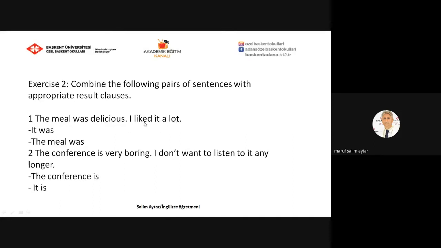Most probably, we can make it into a result clause. So it was such blah, blah, blah that I liked it a lot. Or the meal was so blah, blah that I liked it a lot. Have a look at the second bit.